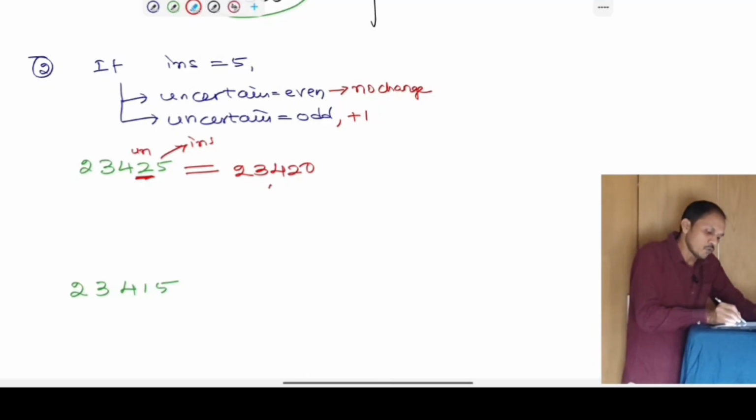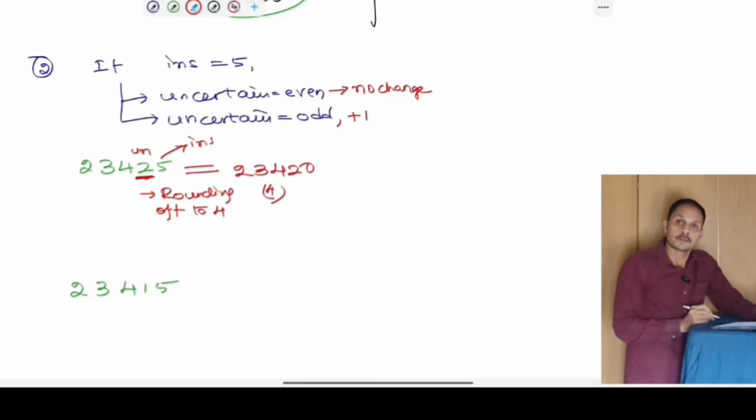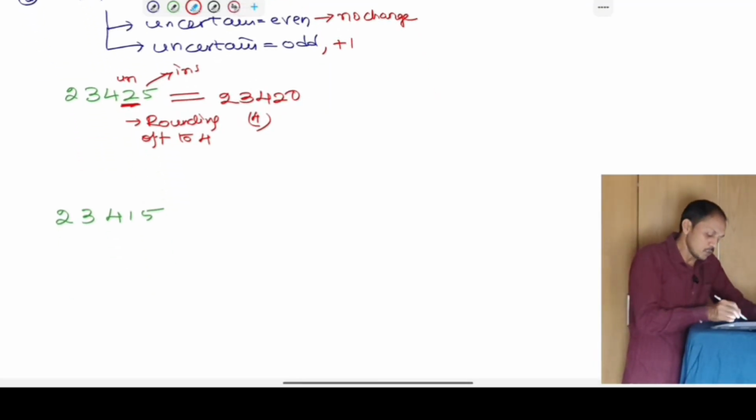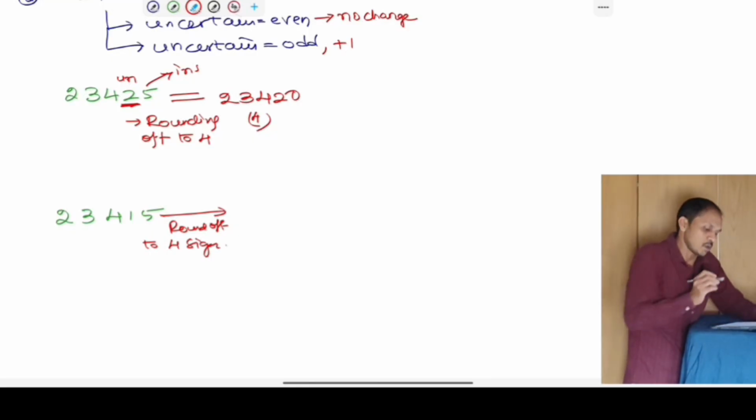Now we have 4 significants. What are we doing here? Rounding off to 4 significants. And now coming to the second value. Again, I asked you to round off to 4 significants. Then what do we do?